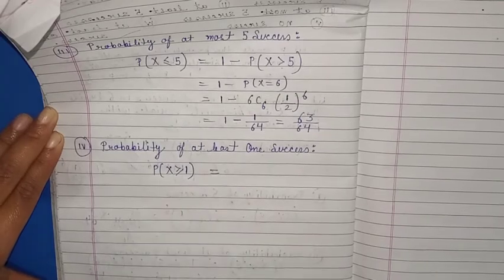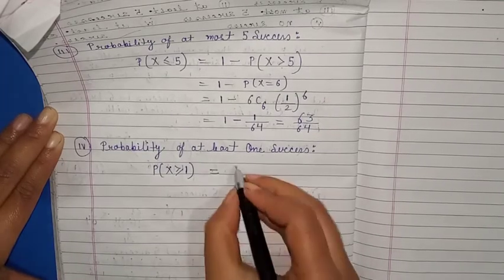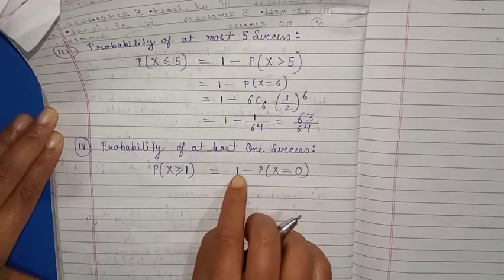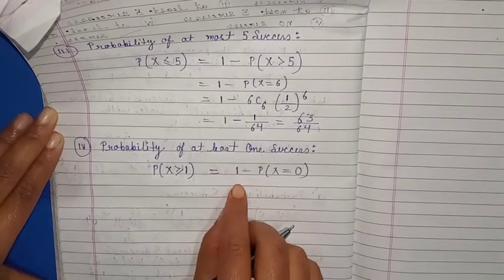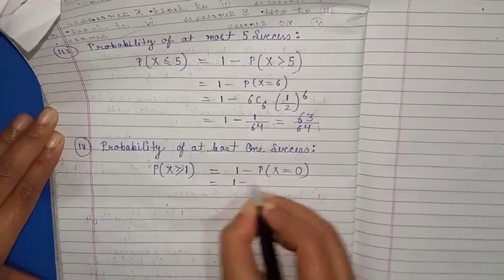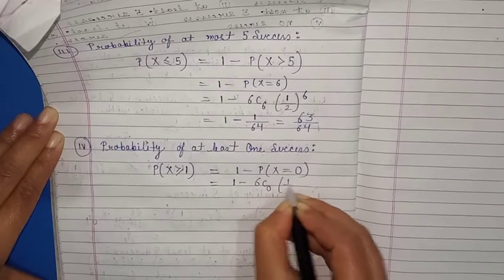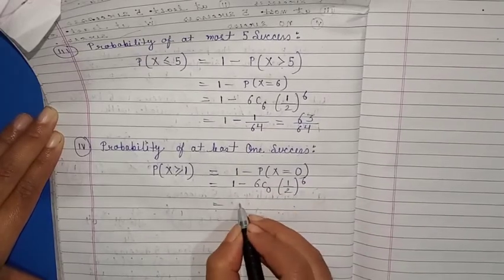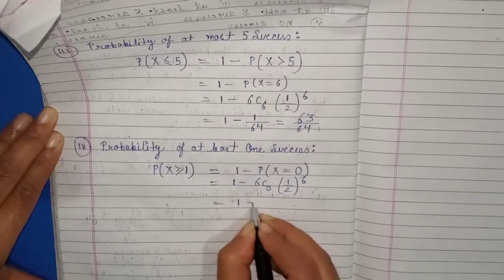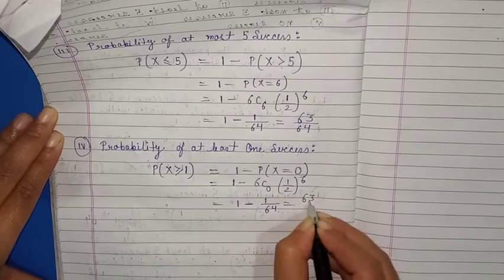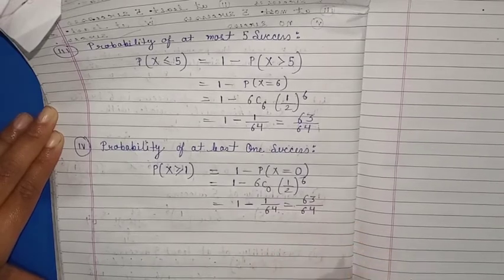To get the answer of this question, you can just do 1 minus P(X = 0). If we subtract from 1, because 1 is the total probability, and with total probability if we subtract X = 0, then we will get our required result. So it will be (1/2)^6, and 0 factorial is 1 only, and we'll get 1 minus 1/64, that is again 63/64.